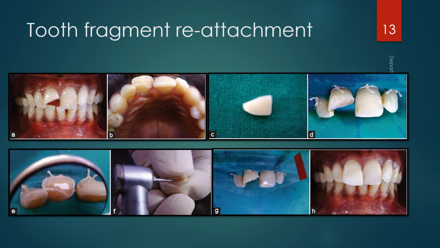E shows the placement of the calcium hydroxide liner over the exposed dentine, and F shows preparation of a space for the flowable composite. And then of course G is a step where you etch, bond, and using the flowable composite you place the fractured fragment back on the tooth, and then you place your sealant in the fracture line again, and then of course polishing will help attain a very lifelike appearance.